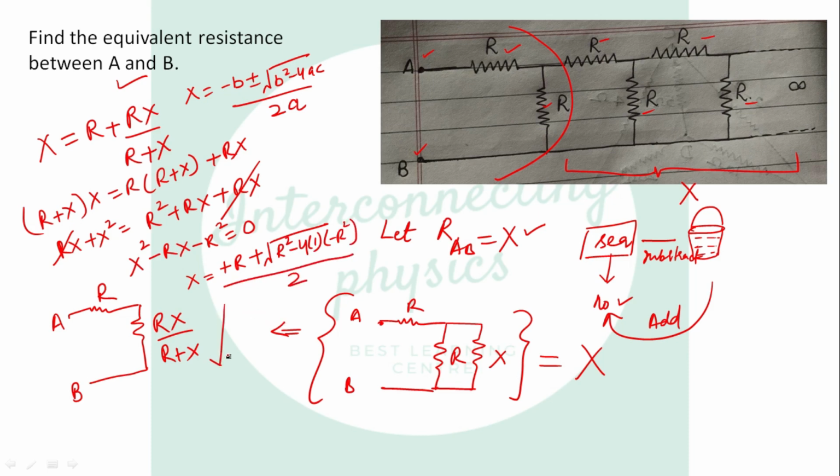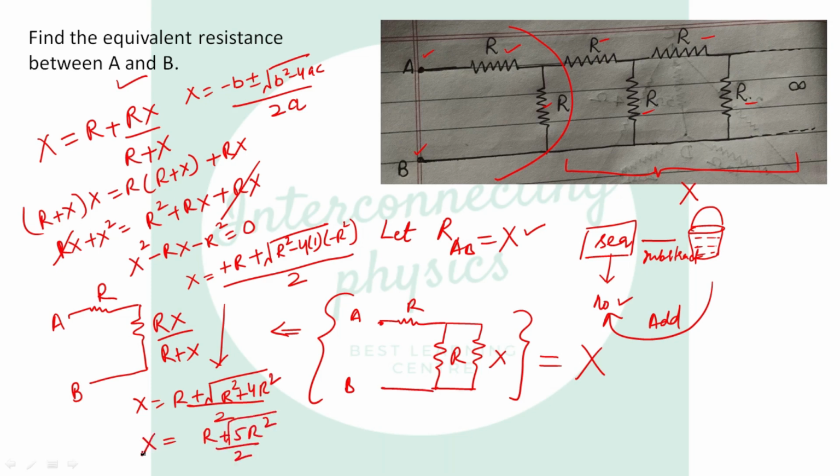So the answer is, here we are calculating x equals R plus square root of R square plus 4R square divided by 2. So R plus square root of 5R square divided by 2, this is x. Again R plus R under root 5.